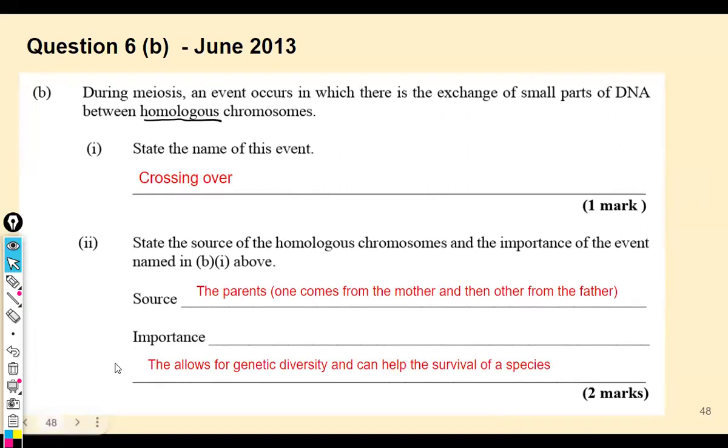It allows for genetic diversity and the survival of the species. Crossing over is one way that genetic diversity is caused. I think I gave you a list of 4 things that give rise to genetic diversity. Crossing over is just one of them.